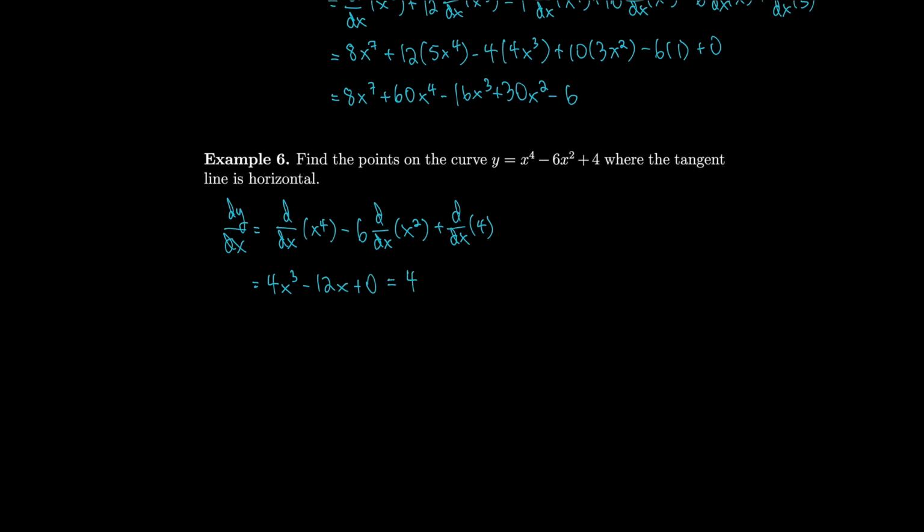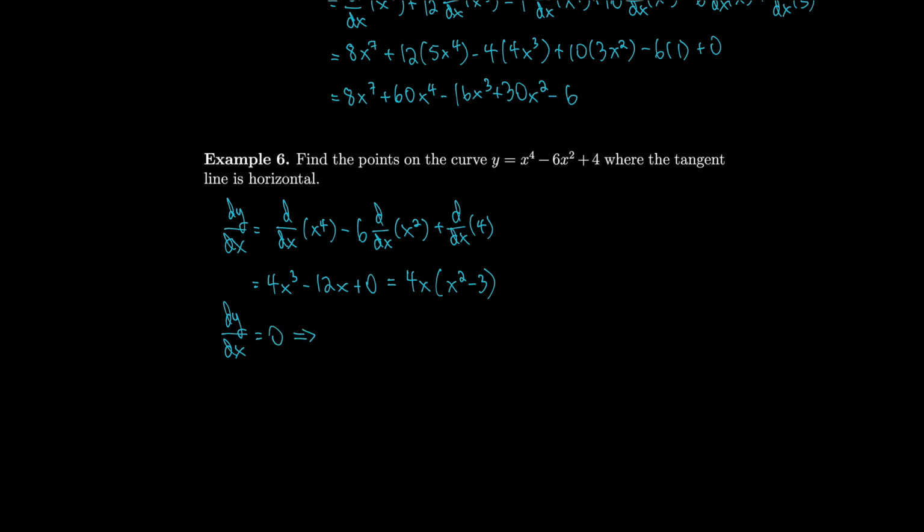We can pull out the 4x, and we'll just get x squared minus 3 inside. We want to see where the tangent line is horizontal. Horizontal lines have a slope of 0. So we're looking for where the derivative is 0, because the derivative is the slope of the tangent line.